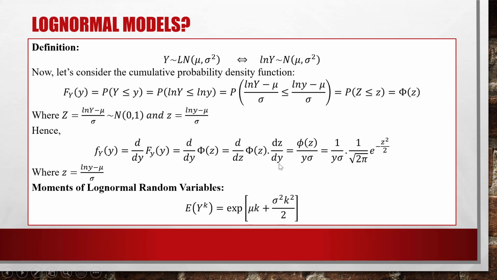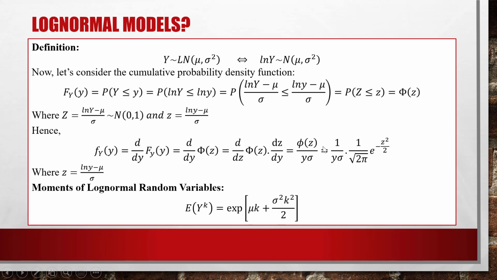And dz over dy, look here, z is natural log of y minus mu over sigma. So when we differentiate z with respect to y, we got 1 over y times sigma. That's why this is equal to little phi of z over y sigma, and is equal to 1 over y sigma times 1 over square root 2 pi e to the minus z squared over 2.